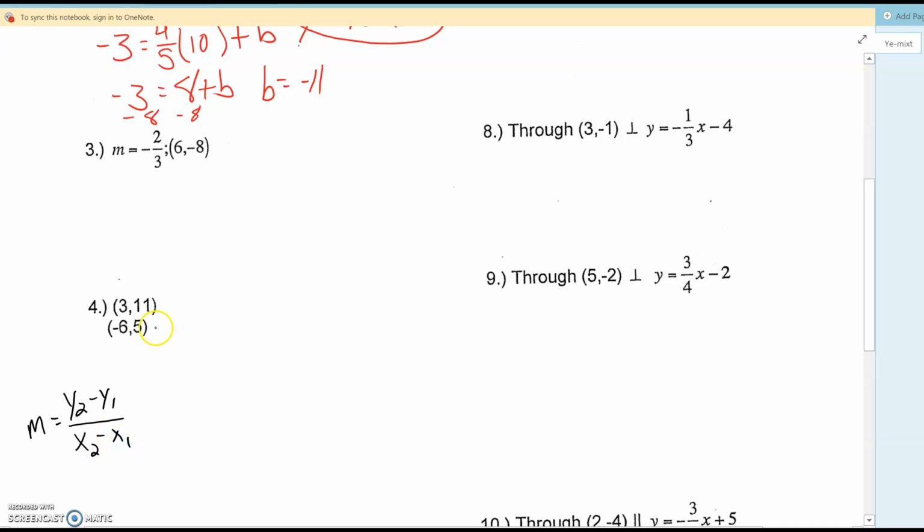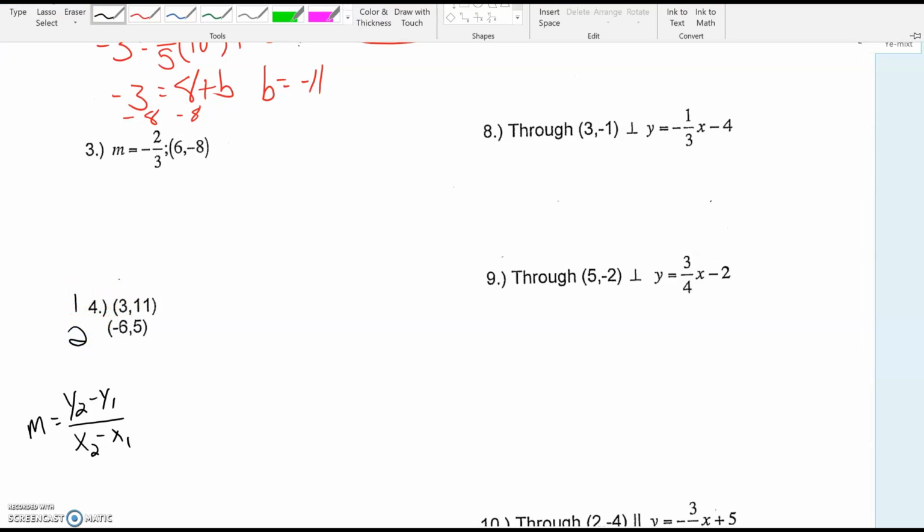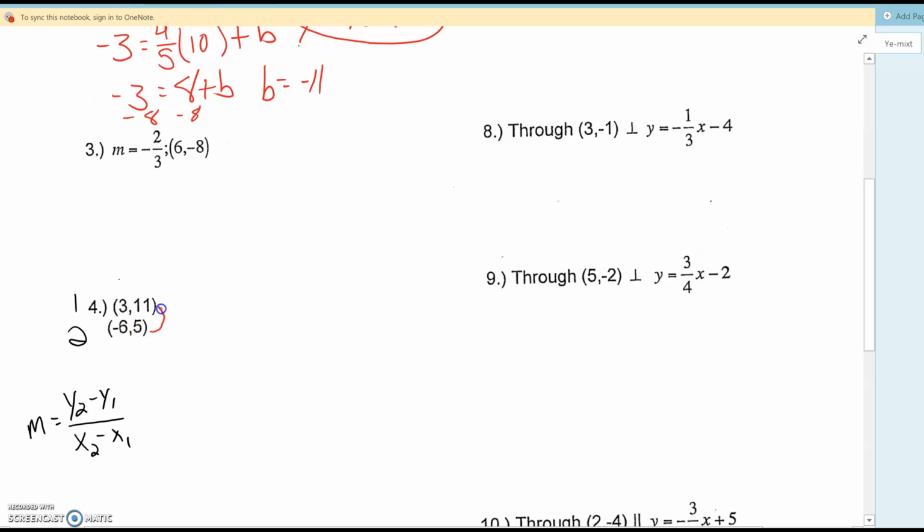Okay, so if this is point 1 and this is point 2, I'm going to go y2 minus y1, so 5 minus 11, over x2 minus x1, -6 minus 3, in which you would get -6 over -9 when you put that in your calculator, which would be the same as if you simplified that, which would be 2/3, because you could divide both of them by 3.